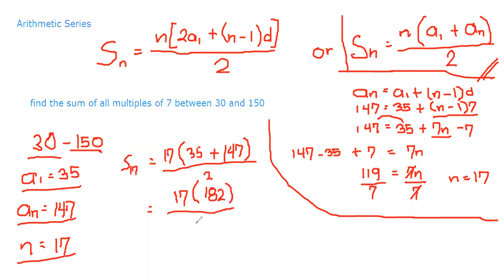Ngayon, 182 times 17. What is 182 times 17? 3,094. Okay. 3,094 over 2, what will be the answer? 1,547.